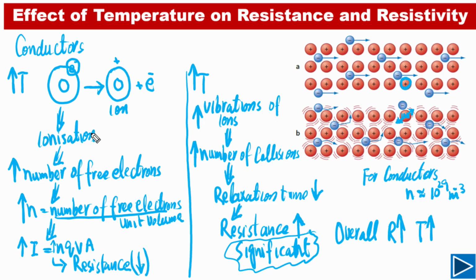If we increase temperature, the number of free electrons will increase, but that effect will not be significant. Let's say 1000 more electrons are released, there is no big effect. So the dominant factor for conductors when temperature increases is vibrations of ions. That's the reason the overall resistance of conductors increases with increase in temperature.